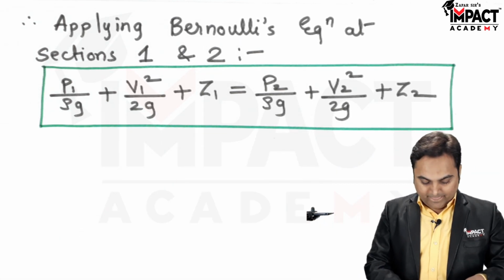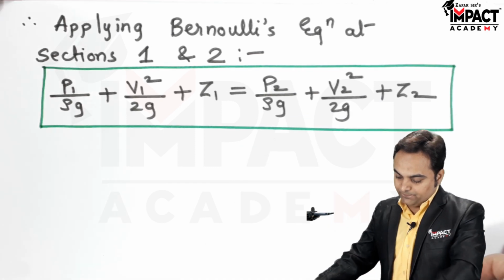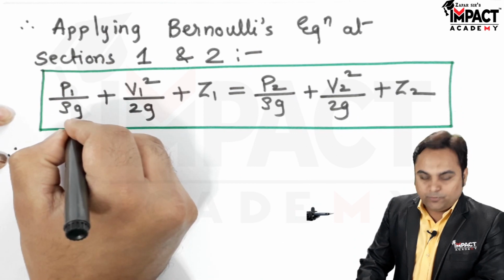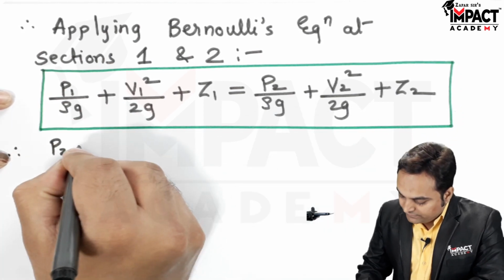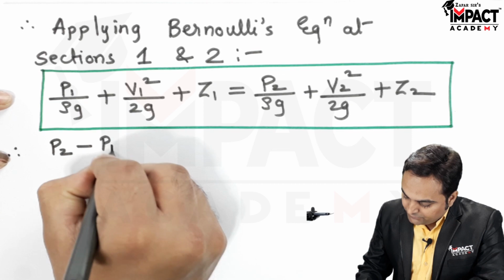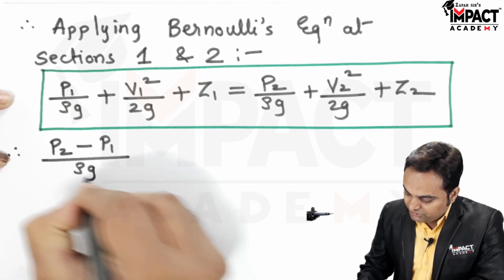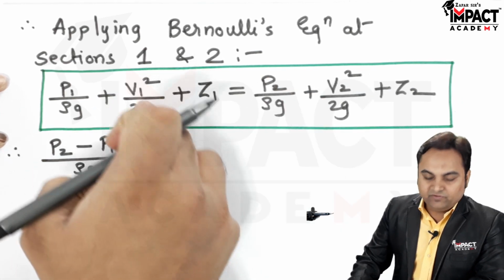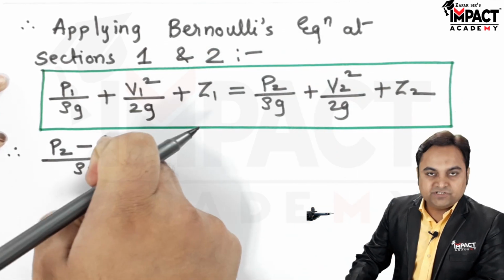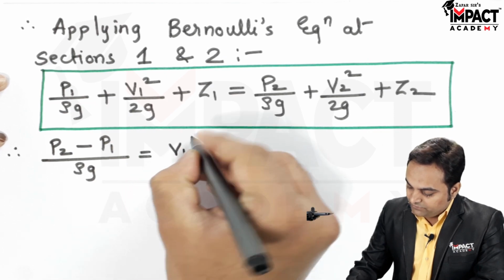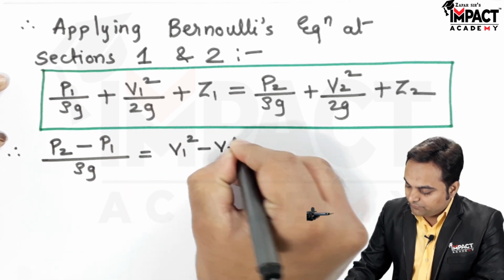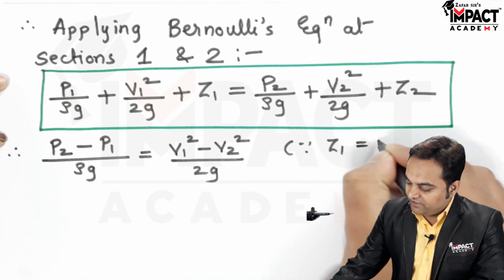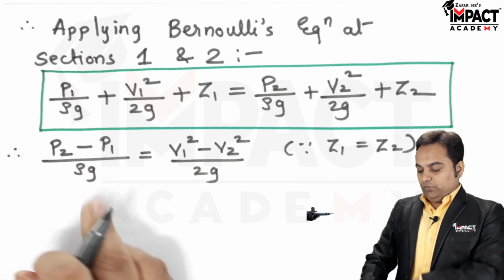So for that I'll write the equation in this way, that therefore P2 minus P1 upon rho g, P1 upon rho g goes on to the other side, so that gets subtracted, the common denominator, is equal to V1 square by 2g, so V2 square by 2g would be shifted, having the same denominator, so we can take them common, and since Z1 Z2 are same, they have been cancelled. Now we know all the values here.